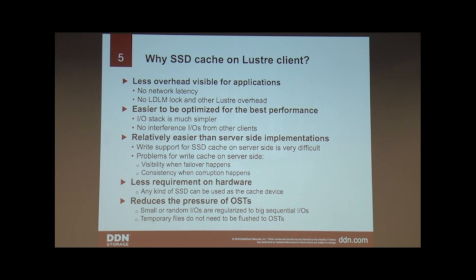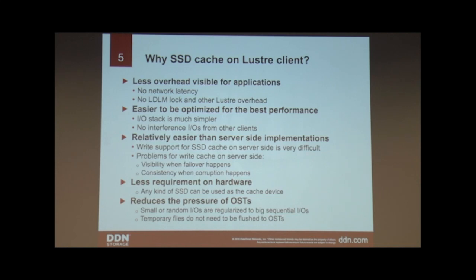Of course, if we have a cache on the Lustre client, the hardware requirement will be much less, because you can use any kind of SSD or NVMe or even a hard drive to speed up the application.